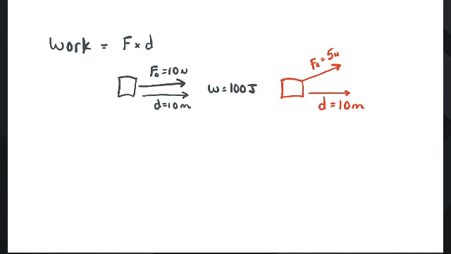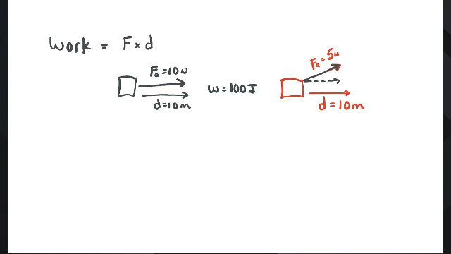My direction of the applied force is to the upper right, but my movement is to the right. So only a portion of that 5 newtons of force is actually going to move my box to the right. So we can't say that the work done would be 5 times 10, because not all of that force is being used to move the object.